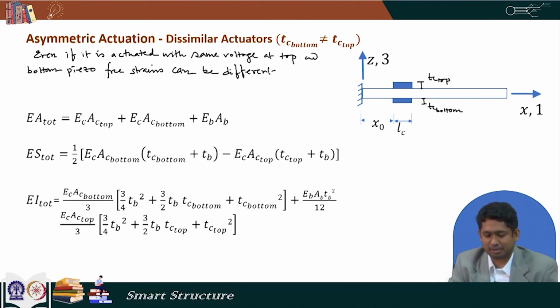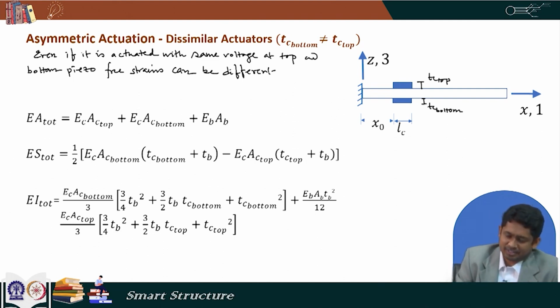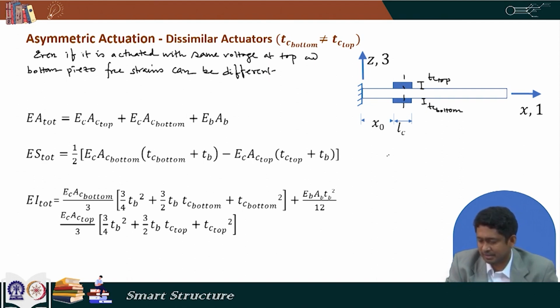Because if you look at the expression of the free strain, there is Tc sitting at the denominator. So, that would make the free strains different. So, to solve this problem, again if we look at the cross section, the cross section can look like this.